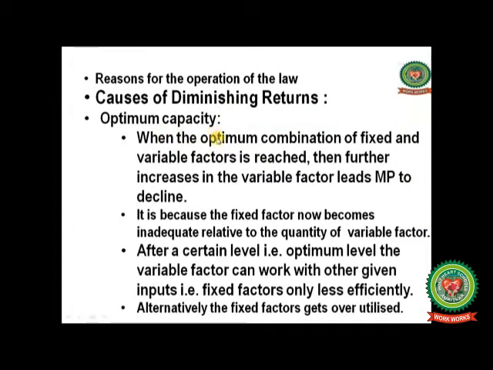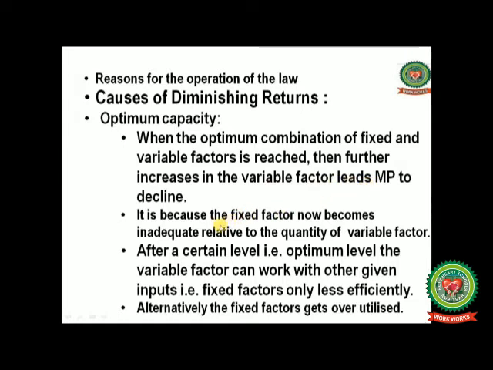Optimum capacity: when the optimum combination, meaning the maximum possible output, is reached with a combination of the factors of production, that is fixed and variable factors. Fixed factor we have taken here is land, and variable factor we have taken here is labor. Then further increase in the variable factor leads the marginal product to decline.